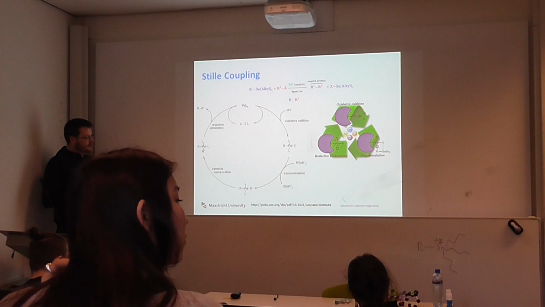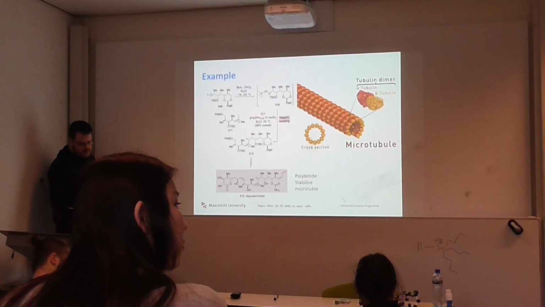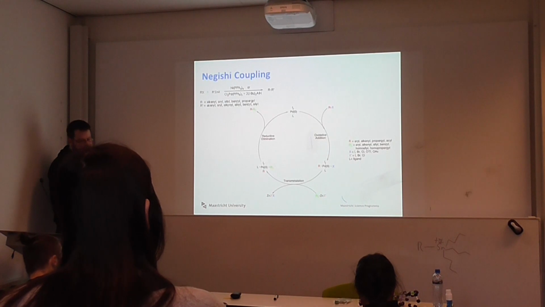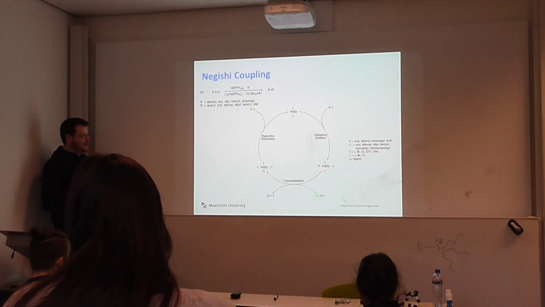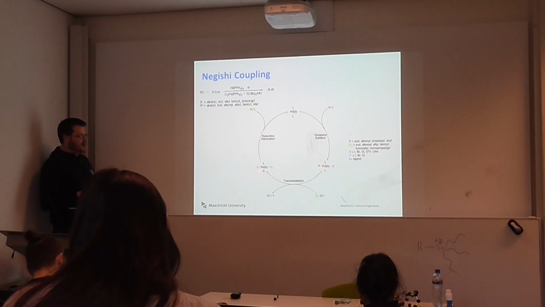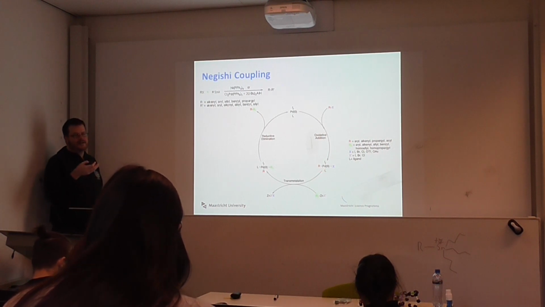With this one, there's a separate step for that, but with the Negishi one, you can do the transmetallation and cis-trans isomerization in one step. I haven't represented that intermediate here. What I've done is represent the groups as mutually cis, so I've included that additional step.